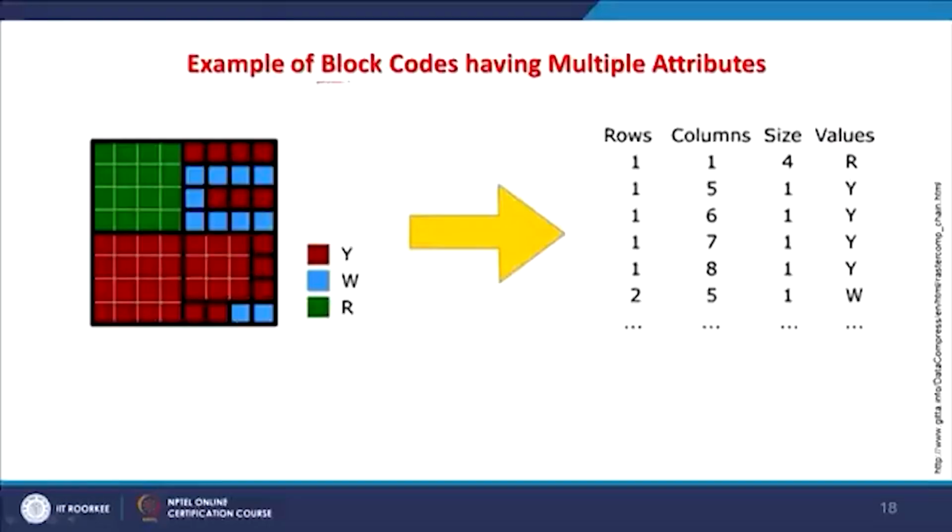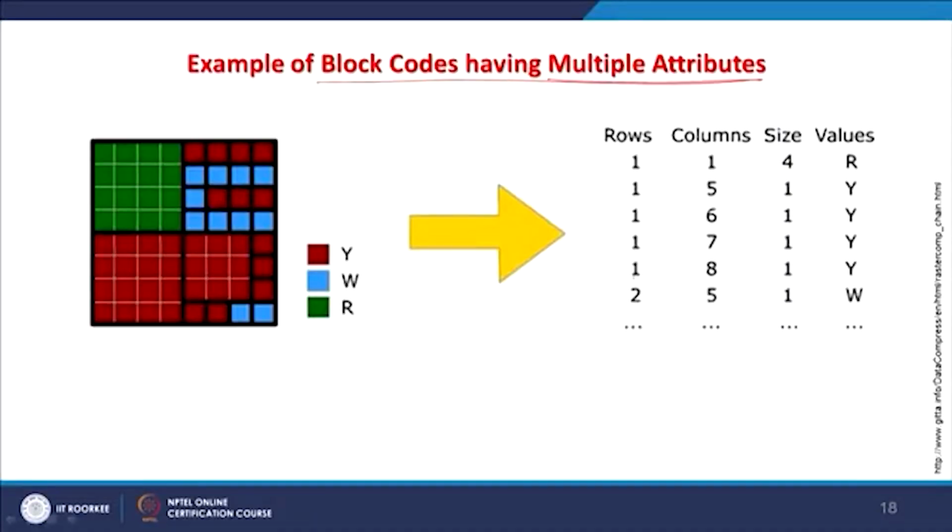However, if we have multiple attributes instead of a single attribute as in the previous example, then of course that can also be coded, but that kind of compression will not be achieved as in case of binary, but it does not matter. So, if I have to store, then you have to store in the form of a table as in previous examples also, with the size and the values. So, if I take row 1 column 1, this is R, which is given the green color, and what is the size?